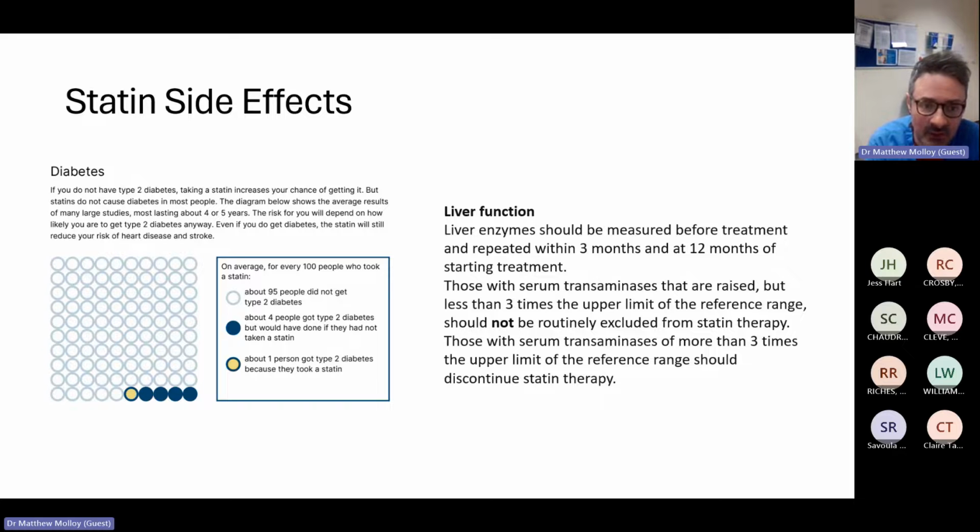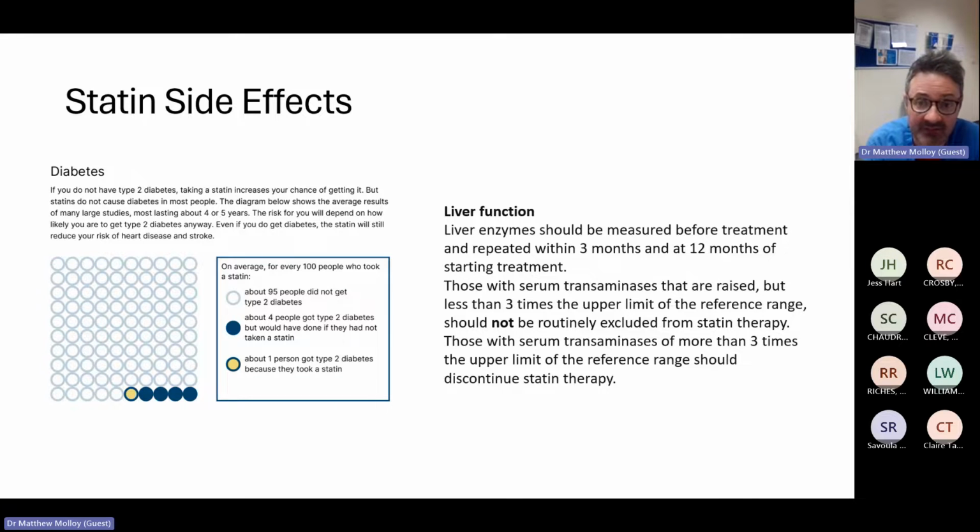The mechanism isn't completely understood, but it's felt to impair glucose tolerance and affect insulin metabolism. Certainly that isn't a reason not to prescribe a statin. And if patients have diabetes, a statin is the mainstay of treatment as well.